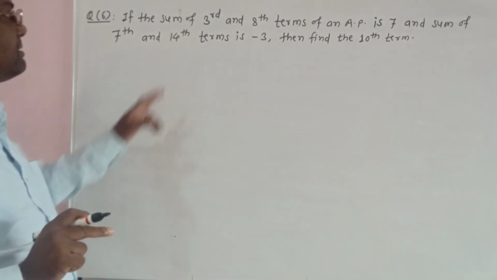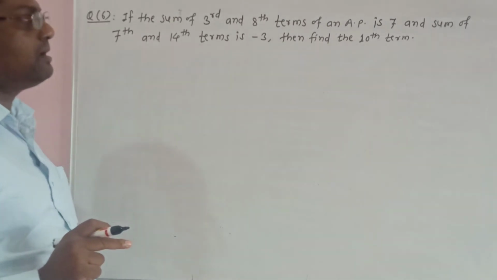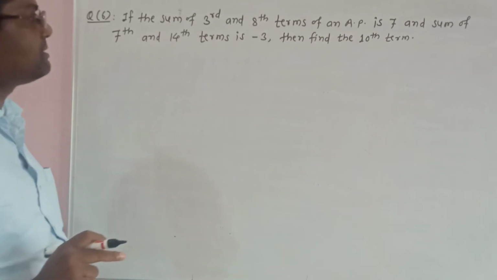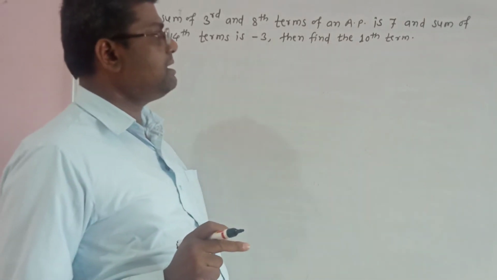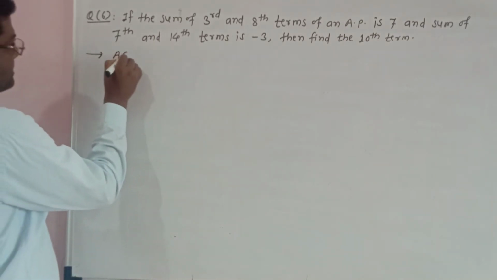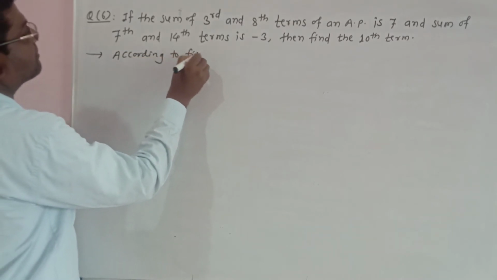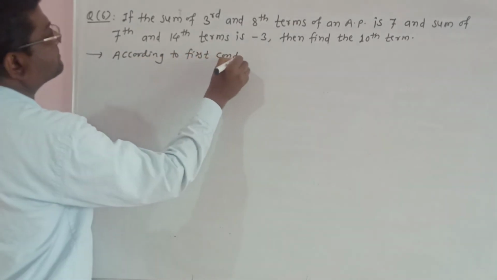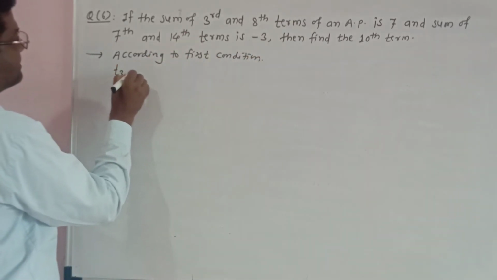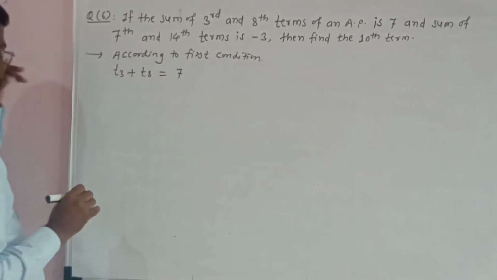If the sum of third and eighth terms of an AP is 7 and the sum of 7th and 14th terms is minus 3, then find the 10th term. Now here we are given two conditions. According to the first condition, the sum of third and eighth terms, that is T3 plus T8, is equal to 7.